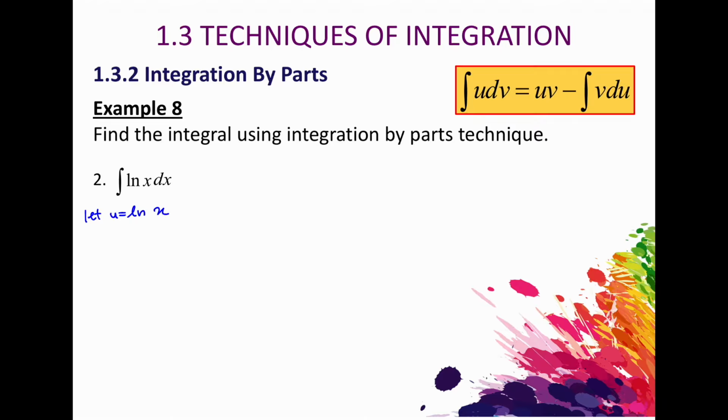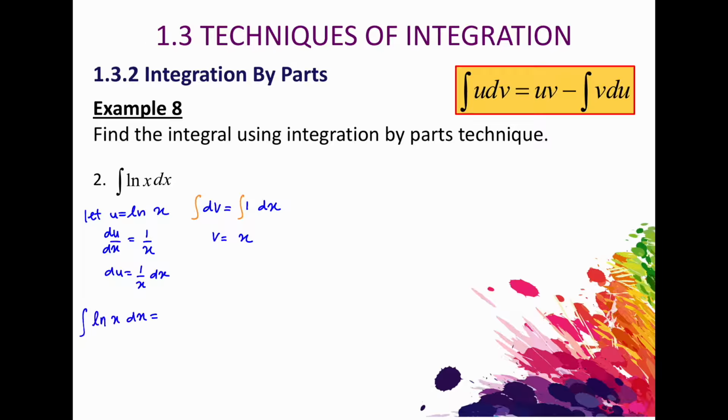So du/dx is equal to 1/x, so du is equal to 1/x dx. And then we have dv equal to 1 dx. So integrate both sides. On the left hand side we get v, and on the right hand side we get x. And then rearrange that according to the formula.